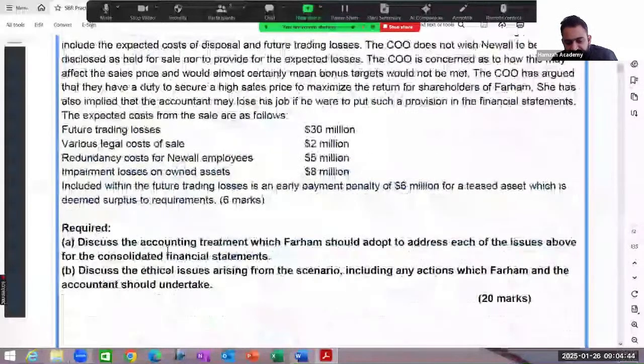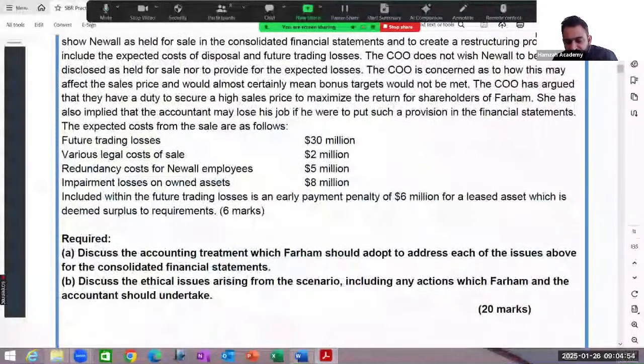And I am answering: discuss the accounting treatment which F should adopt to address each of the issues above for the consolidated financial statements. First requirement we are discussing.